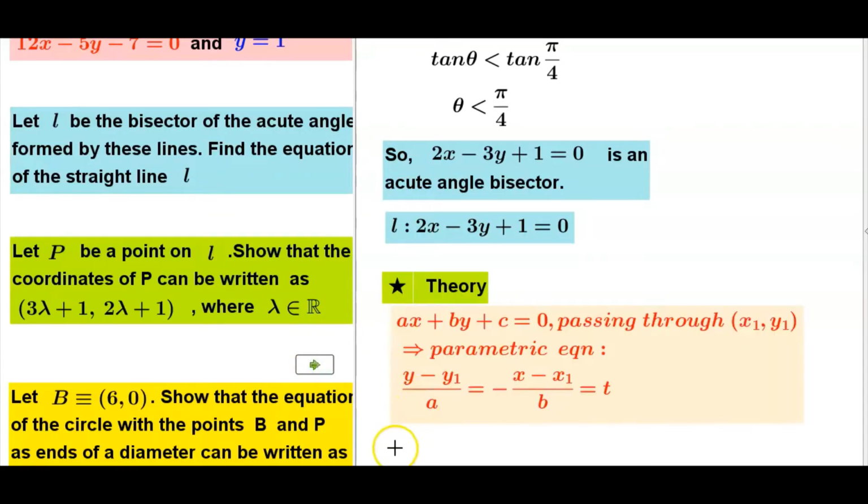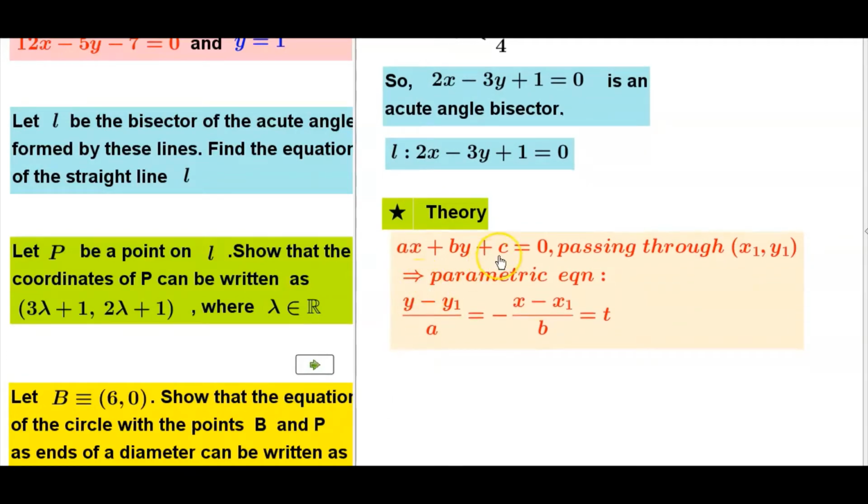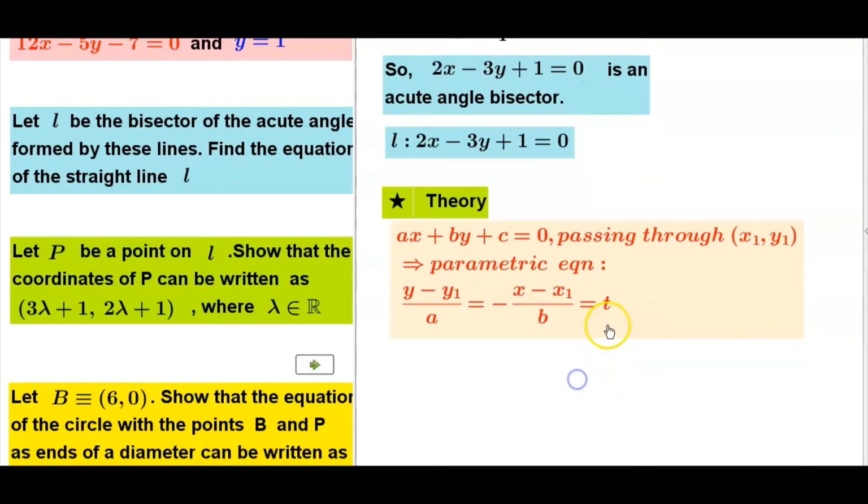One of the theories we learned: for a line ax plus by plus c equal to 0 passing through a fixed point (x1, y1), the parametric equation can be written as (x minus x1) over b equal to minus (y minus y1) over a, equal to t. Here t is a parameter.